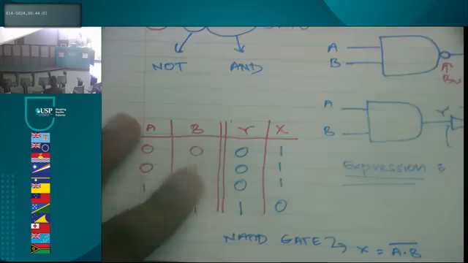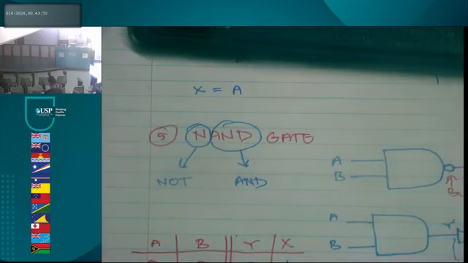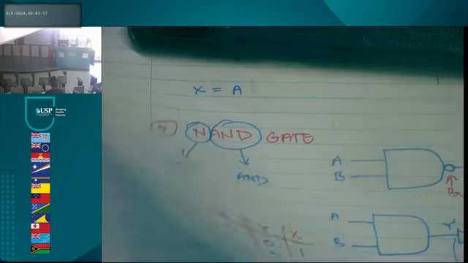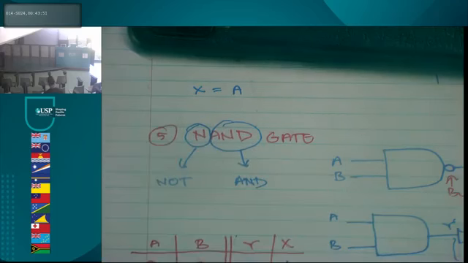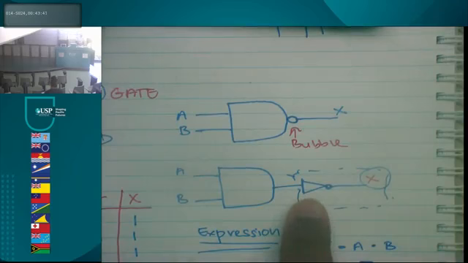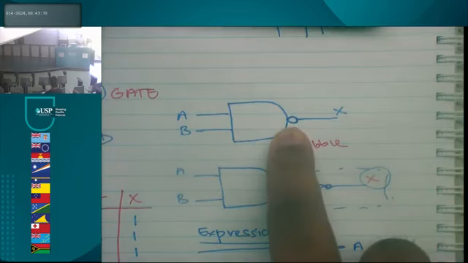Then you have NAND gate. Now, this is the catch. NAND gate is not AND. We've already learnt about an AND gate, and we've already learnt about a NOT gate. So what you do is you put an AND gate in series with the NOT gate. And that little thing is called the bubble.